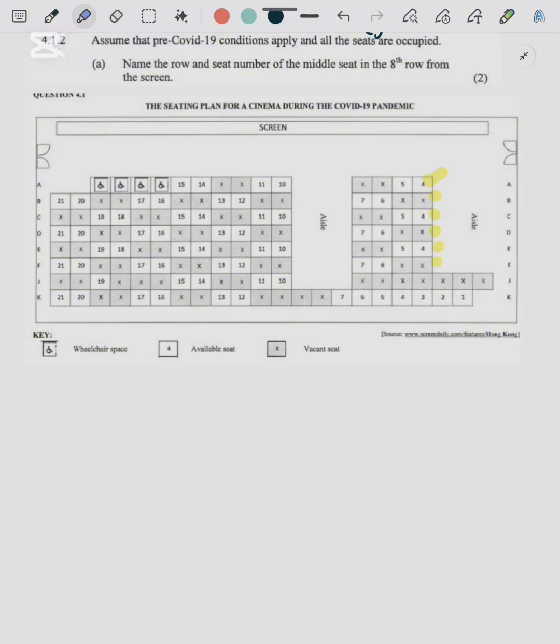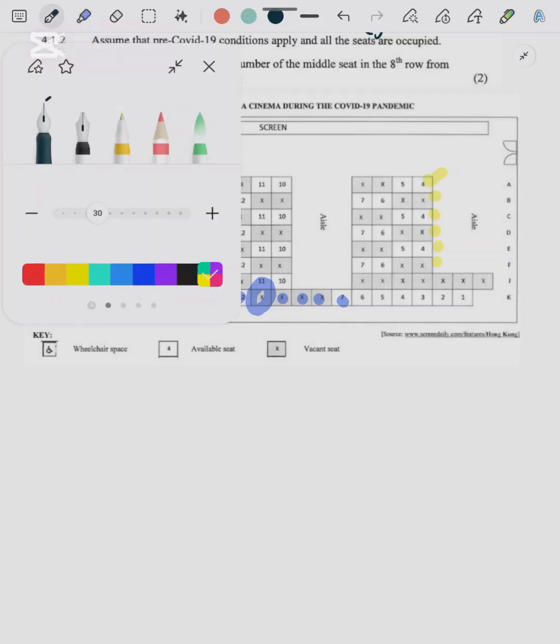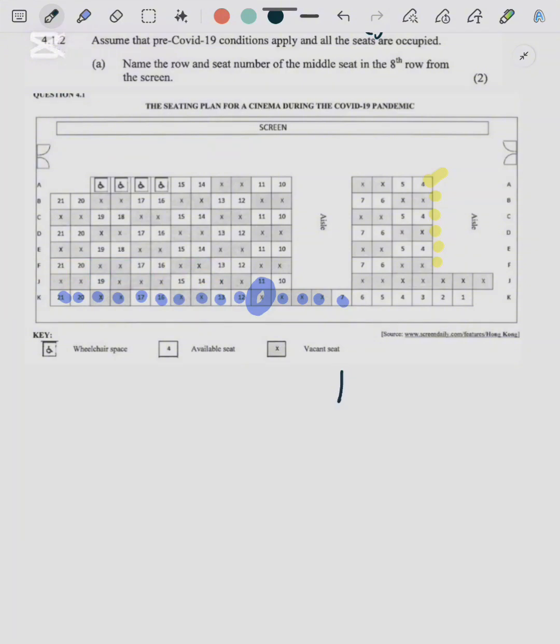So if I just count, I go, okay, well, we've got up to 7, 8, 9, 10. That would be my middle seat, because then I should be able to count 10 on the other side, and you can just 1, 2, 3, 4, 5, 6, 7, 8, 9, 10. There we go. So therefore, the row in the seat number is going to be row K, seat number 11. All right.